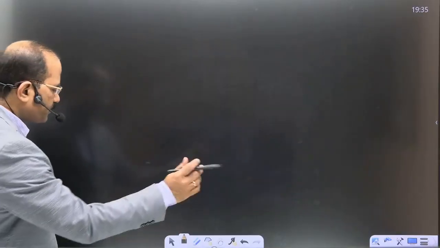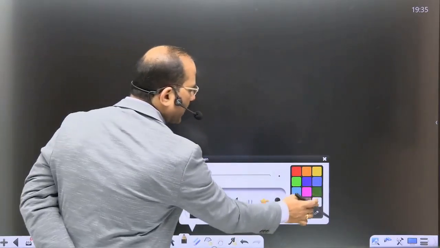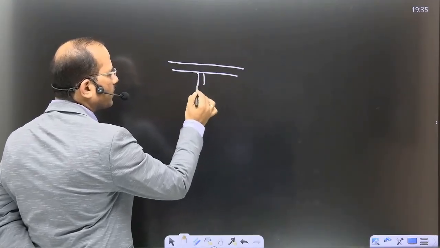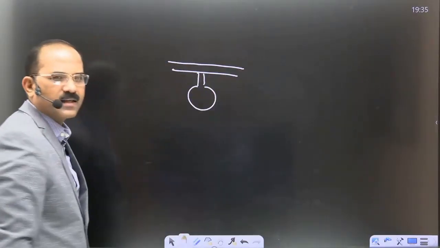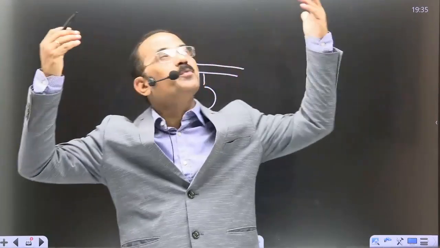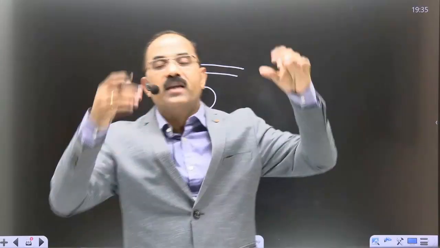Now, students, this is how a ganglion looks. Okay, that's a ganglion. Now, the ganglion cannot just hang like this in the air. The ganglion needs to be suspended from something.